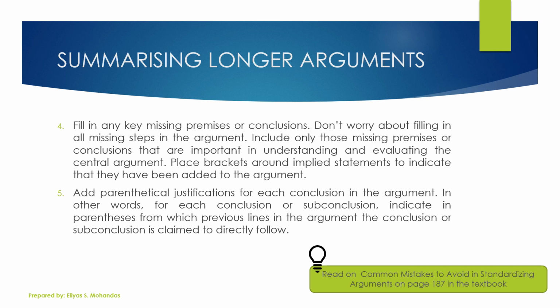Place brackets around implied statements to indicate that they have been added to the argument. And add parenthetical justifications for each conclusion in the argument. In other words, for each conclusion or sub-conclusion, indicate in parentheses from which previous lines in the argument the conclusion is claimed to directly follow.